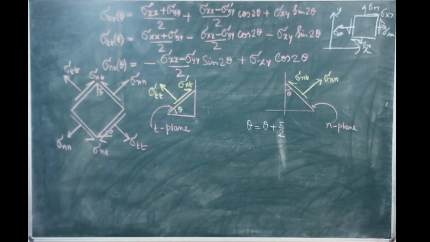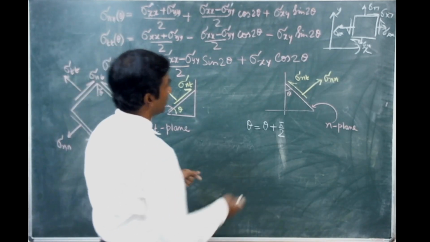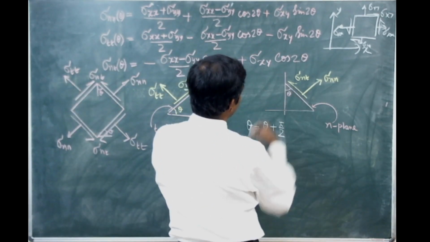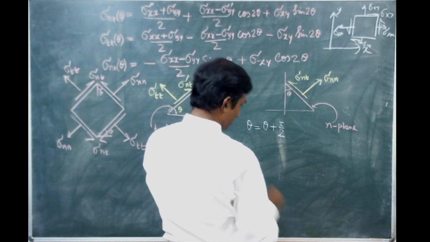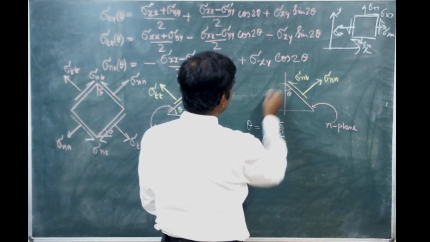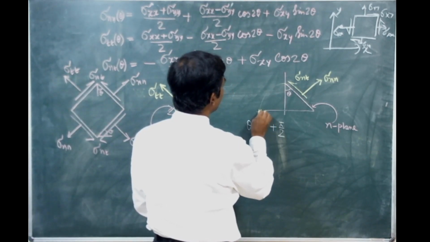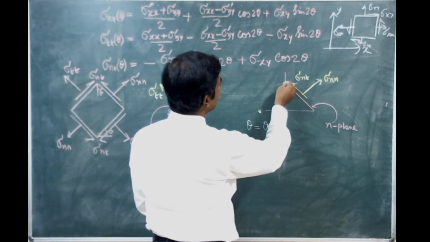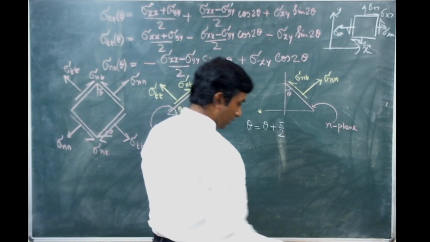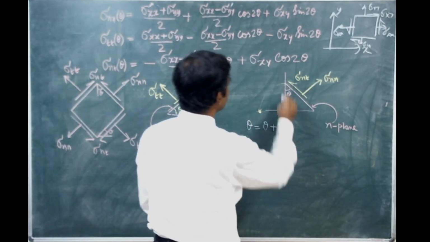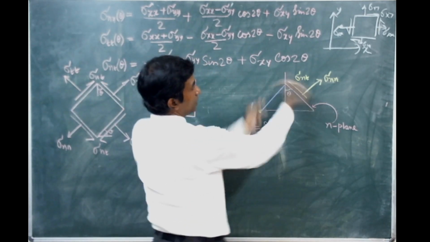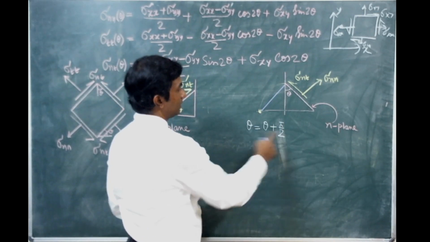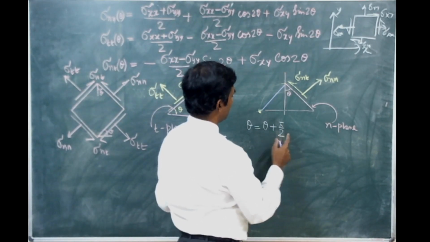So what happens? We see that okay, rotate it by 90 degree, that means this point comes here, this point goes here, and you get this orientation. This block you rotate by 90 degree. Theta, set it to theta plus 90 degree.